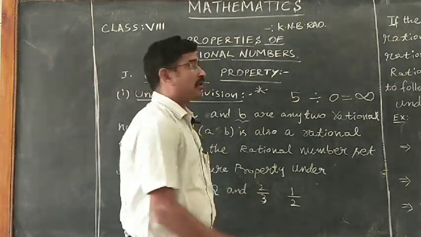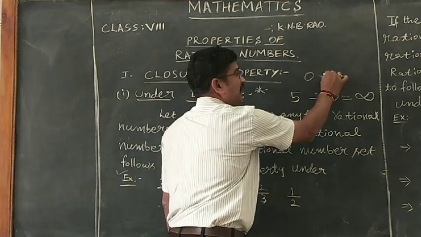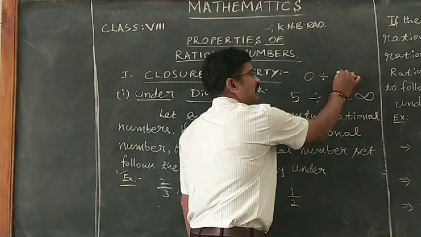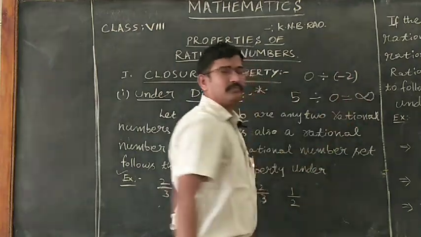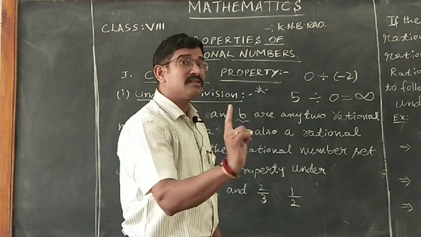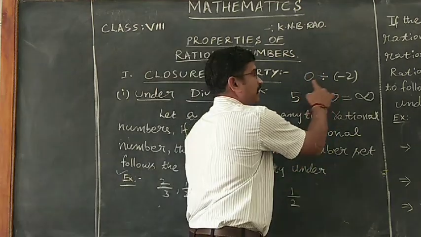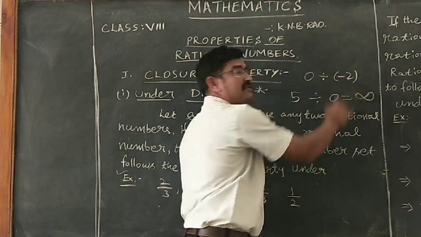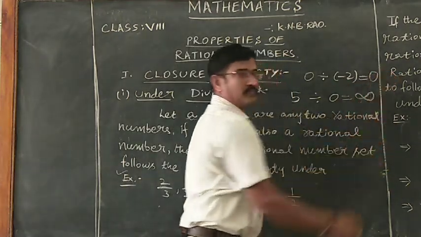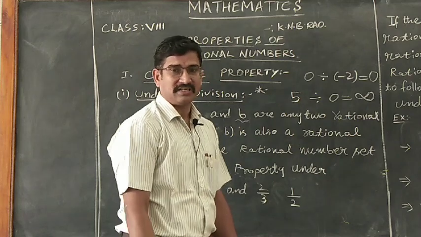Then another important condition: when 0 is divided by any non-zero number, it results in 0. This is one more condition.